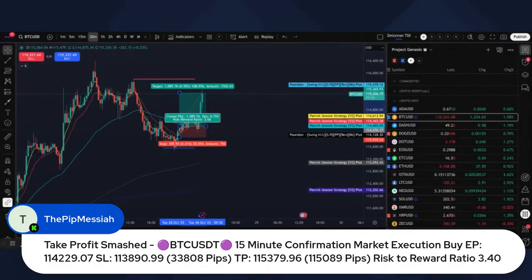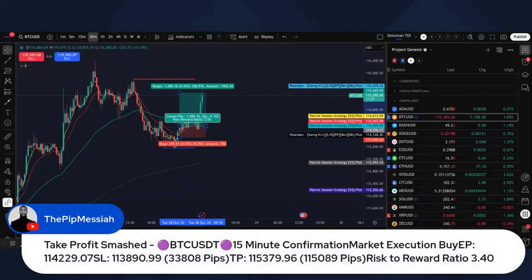And there's your take profit smashed on Bitcoin versus Tether. Again, congratulations for those of you that took it. Now we have Bitcoin versus the United States dollar for 108,976 pips. Another take profit.